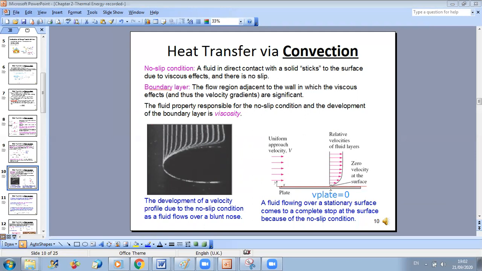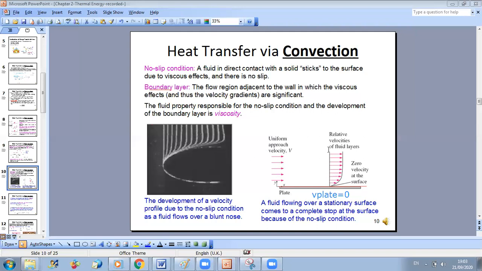So you are forcing your flow to start with a velocity of 0 at the plate level, while your fluid is initially at a uniform velocity, big V. So now the velocity inside your fluid will not be constant because you imposed a velocity of 0 at the plate level, and you have a velocity very far from the plate equal to V. So you will have a transition zone where the velocity will vary from 0 to big V.